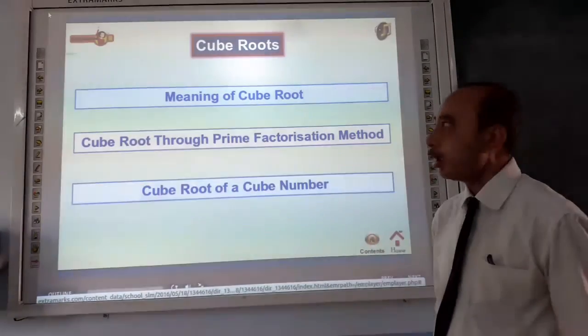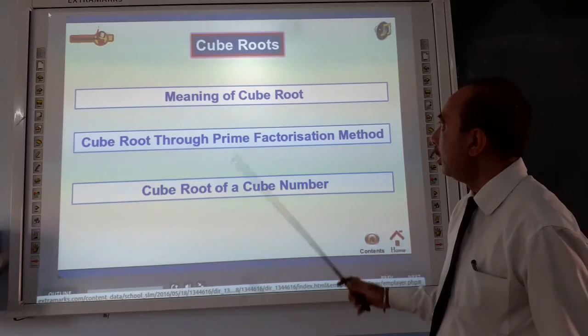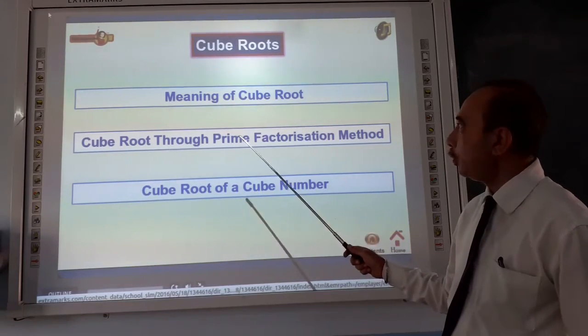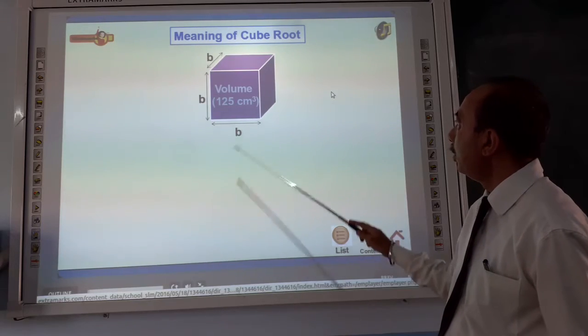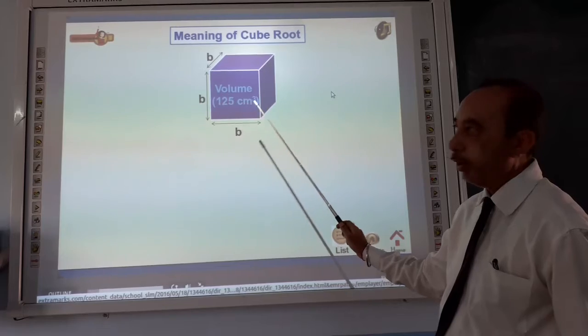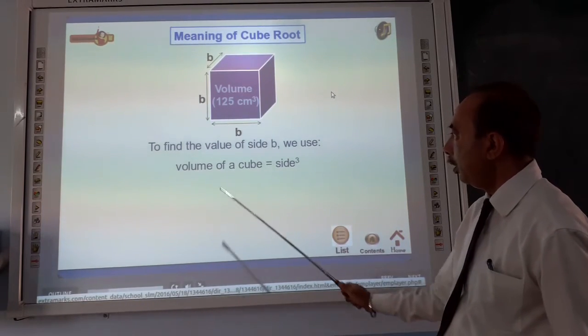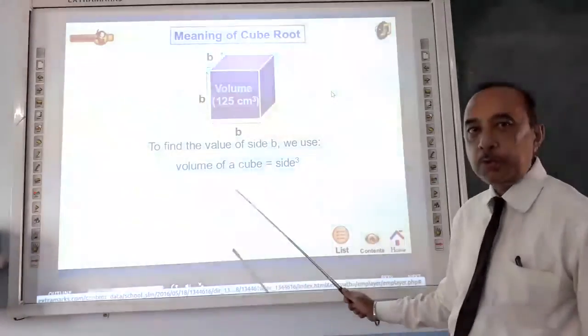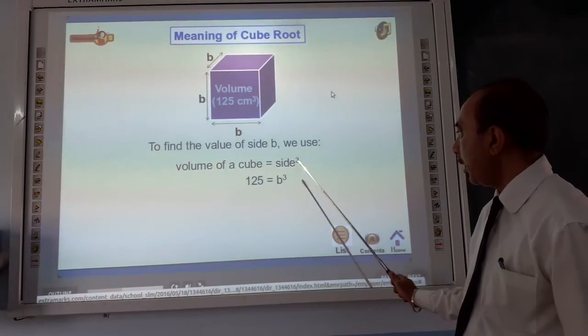Now we are at the next topic, cube roots. First we will go through the meaning of cube root. Here there is a cube of volume 125 centimeter cube. There is a formula to calculate the volume of the cube, and the formula is side cube.